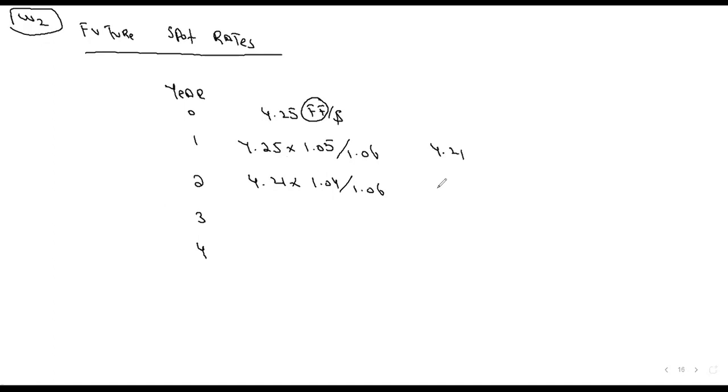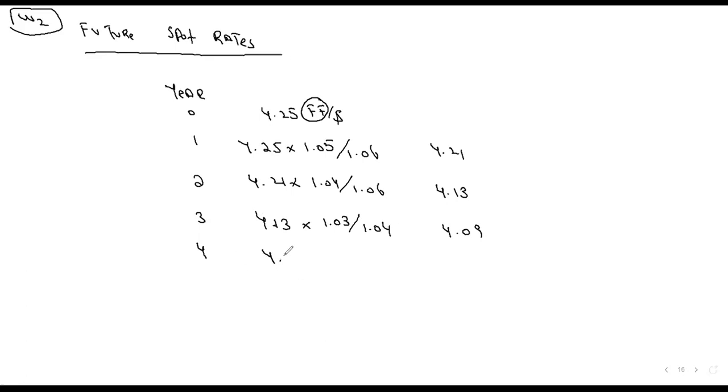This is coming as 4.13. 4.13 multiplied by 1.03 divided by 1.04, which is 4.09.